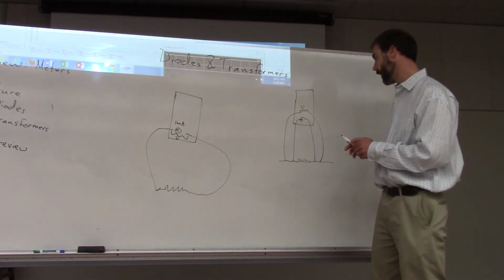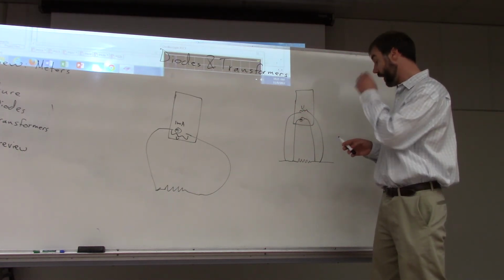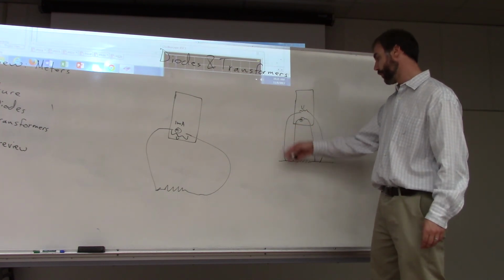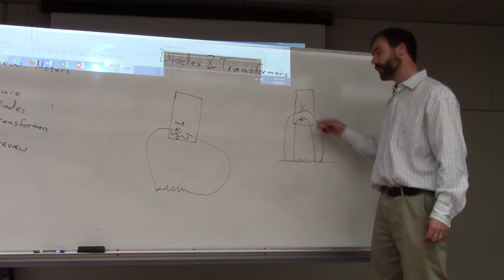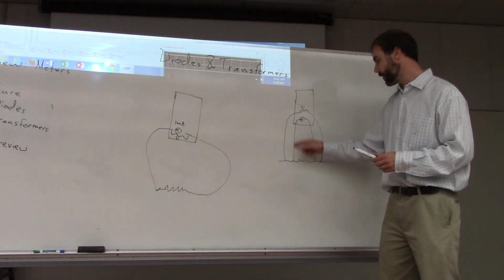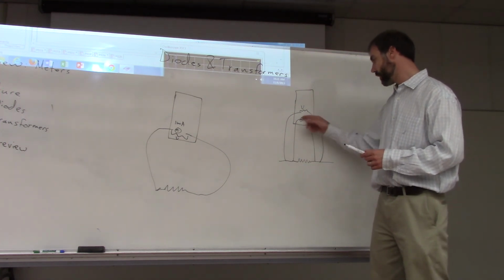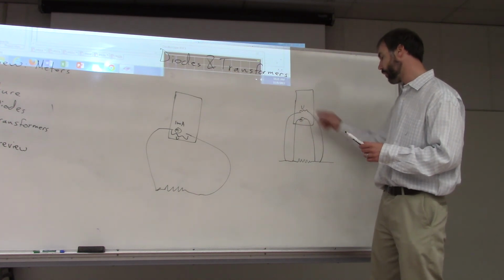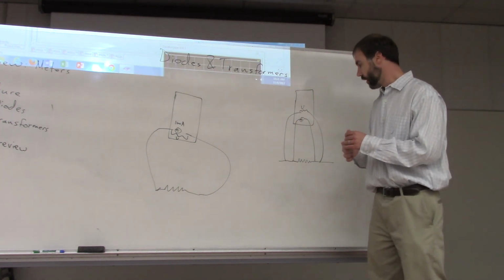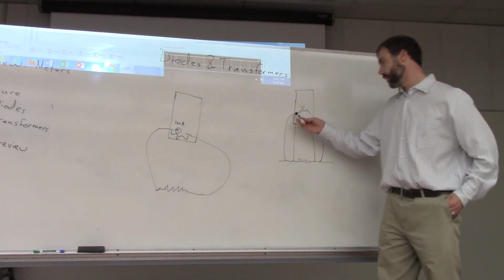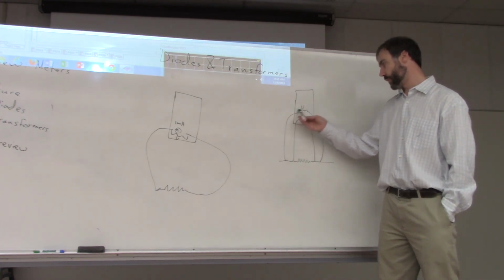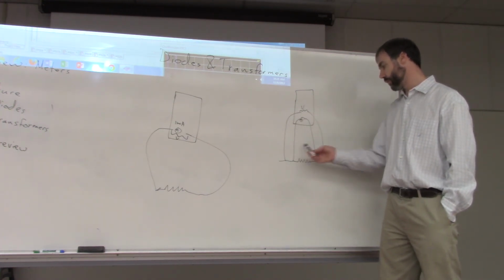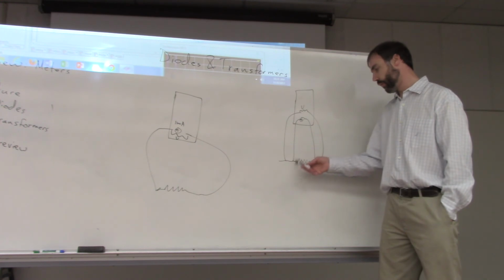So there's not really any current that flows through these leads over here. All of the current is flowing through these leads, so you don't have any current flowing through these outer leads, and so you're not measuring the resistance of these outer leads, you're only measuring the resistance of the thing that you actually want to measure.